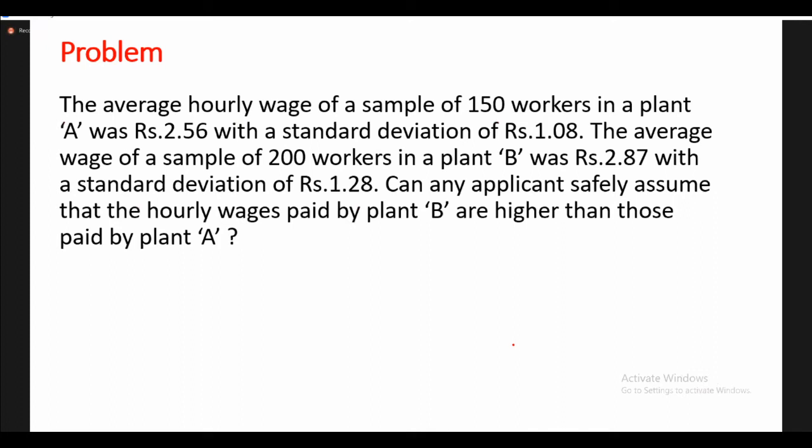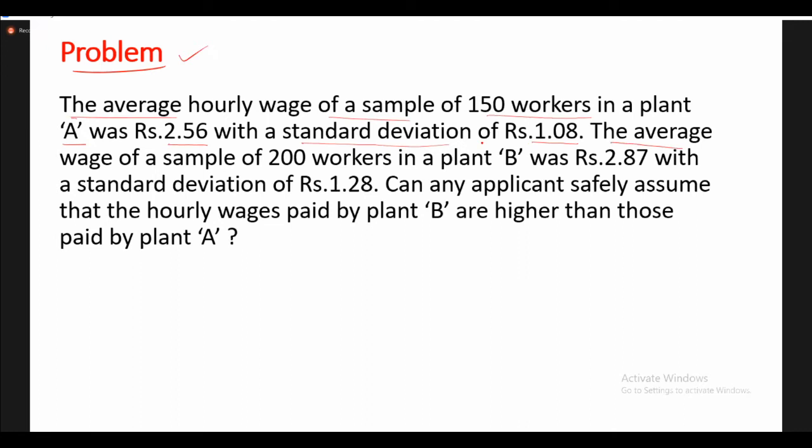All of you see this question. Once read this question: the average hourly wage of a sample of 150 workers in plant A was rupees 2.56 with a standard deviation of rupees 1.08.